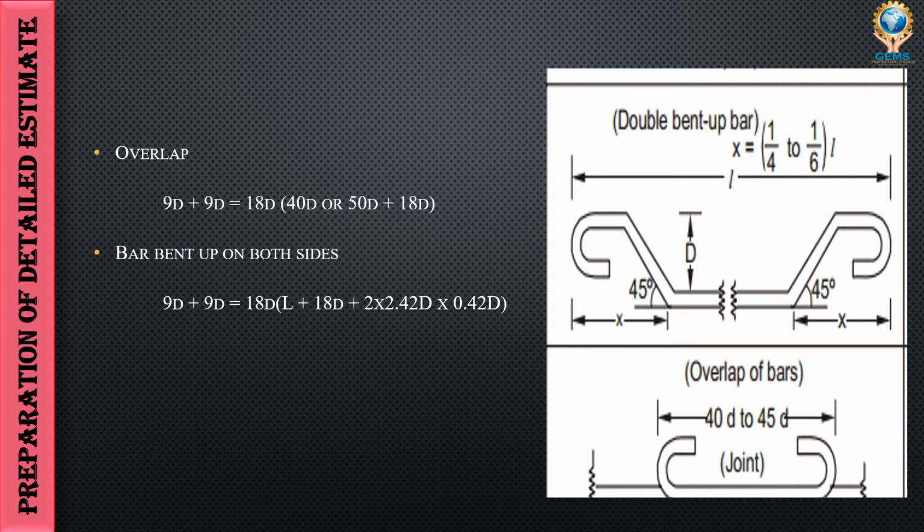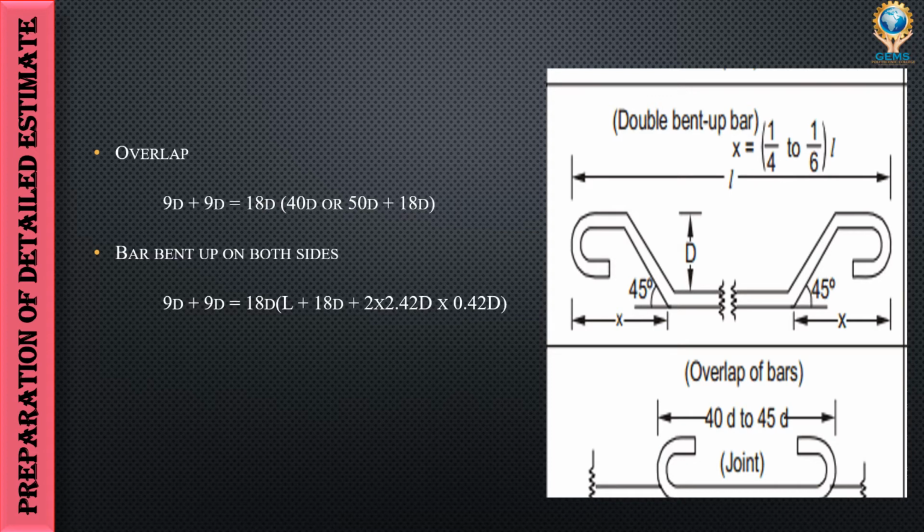After that the straight line will be mentioned as 40D to 45D, so we are taking 40D. This length is 40 to 45D, so we are taking 40D or 50D. For that purpose we are adding 18D plus 40D or 50D, for overlapping of bars.